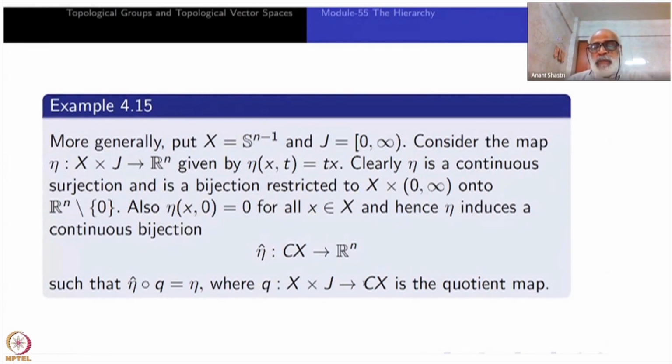Then I would get a homeomorphism, but I will not get onto Rn. Suppose I take 1. Then I get all vectors of length less than or equal to 1, which is nothing but Dn. If I take R here, I get all vectors of length less than or equal to R, which is the closed ball B_R(0).